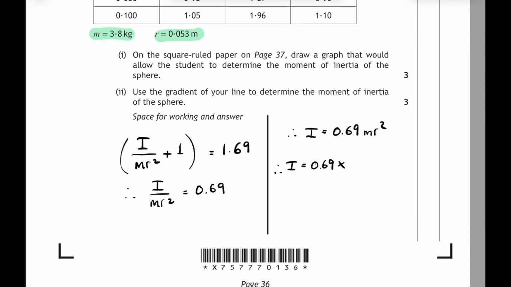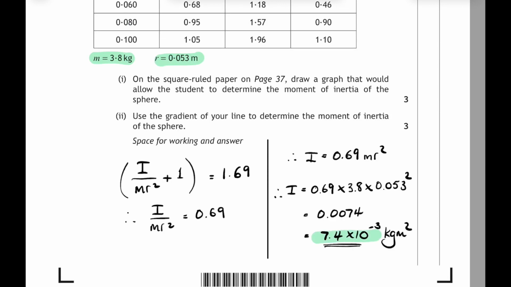So if we substitute them in as well, 3.8 times 0.053, don't forget to square it, then that gives you an experimental value for the moment of inertia of the sphere to be 0.0074, or 7.4 times 10 to the minus 3 kilogram meters squared.